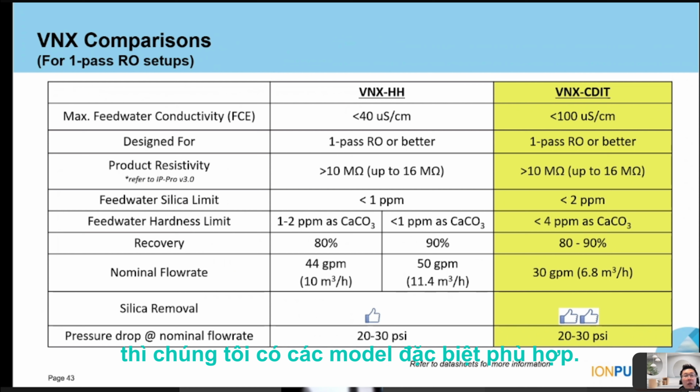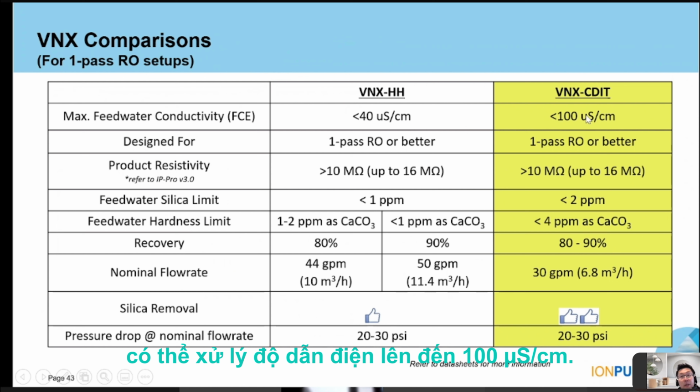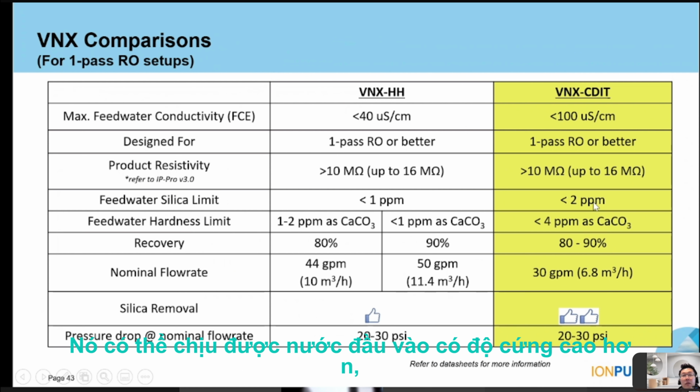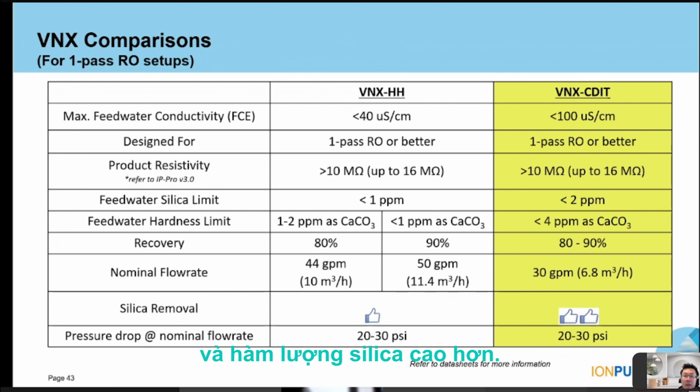we have special modules, the CDIT, that is going to go up to 100 microsiemens and can handle much higher hardness and also silica, but the drawback is that the flow rate is going to be lower. There's going to be a bit of a lower recovery.